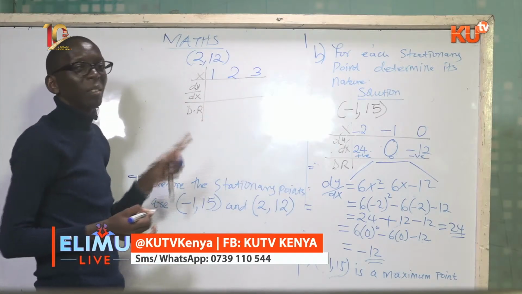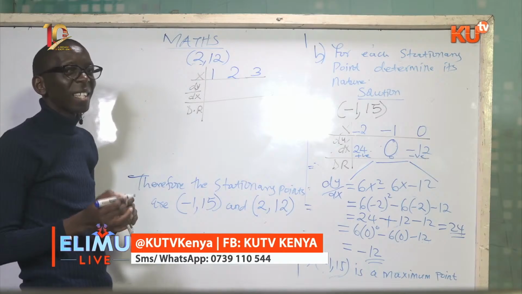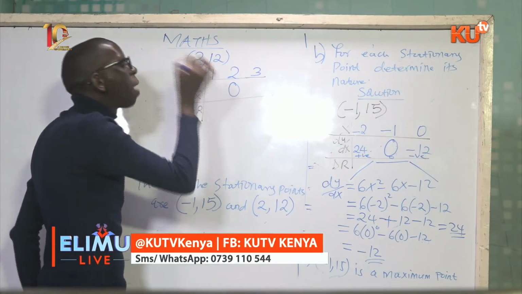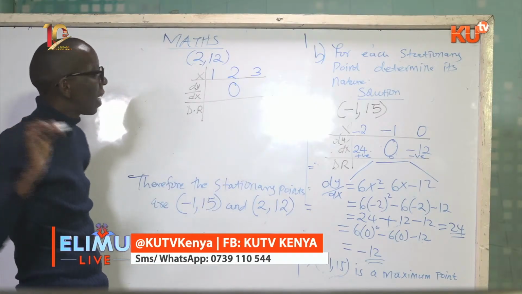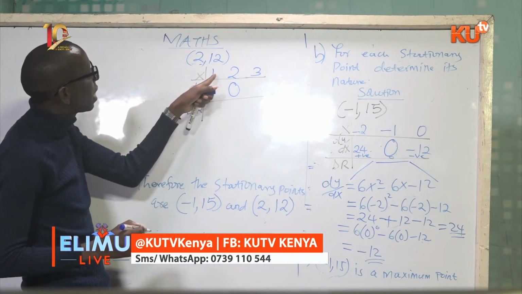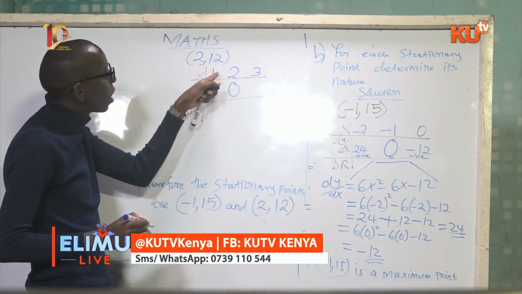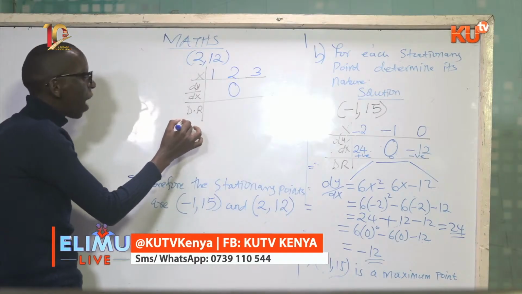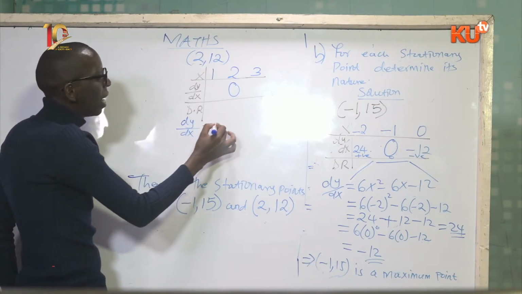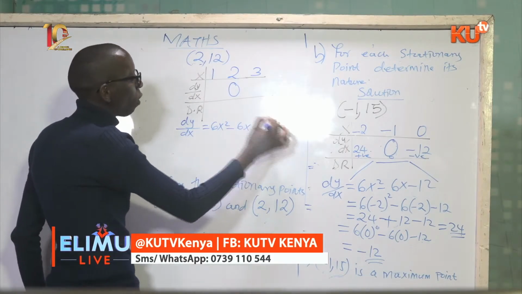At the middle, my dear student, what is the value of dy over dx? Yes, you are answering it. It is 0. The middle dy over dx is always 0. Then how do we get the value of dy over dx when x is 1? Take your derived function, dy over dx, which was 6x squared minus 6x minus 12.